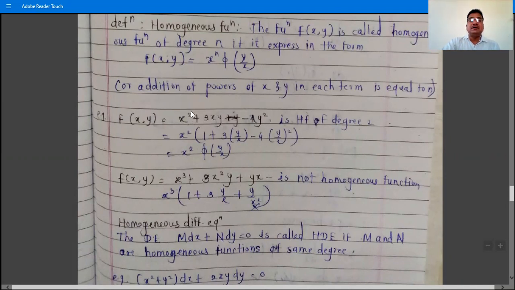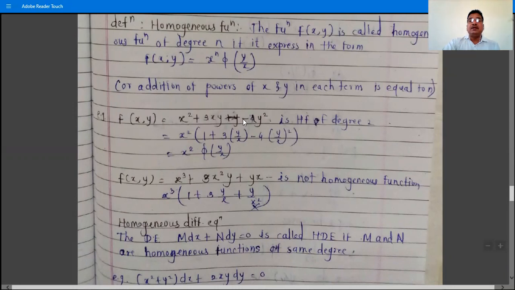If we observe the first term, the power of x is 2, and there is no term of y, because y raised to 0 is 1. So 2 plus 0 is 2. Now if you observe the second term 3xy, the power of x is 1, the power of y is 1, their addition is 2.